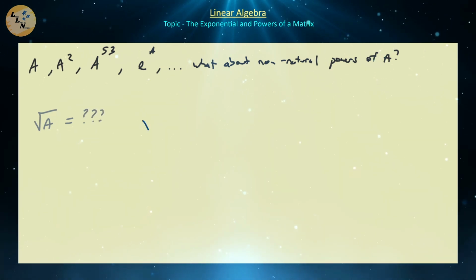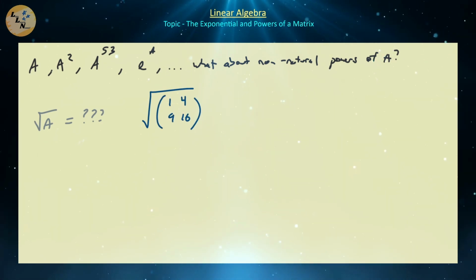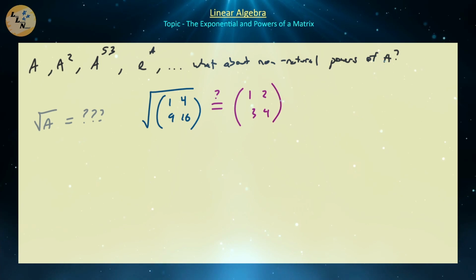So for example, let's assume somebody says, okay, what's the square root of the matrix 1, 4, 9, 16? One proposal is, okay, well, maybe I can just take the square roots of the individual entries, for example, 1, 2, 3, and 4. Well, if that is the case, then what do you think 1, 2, 3, 4 squared should be equal to?